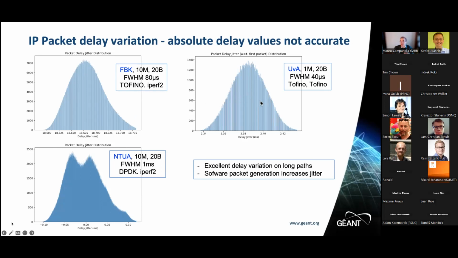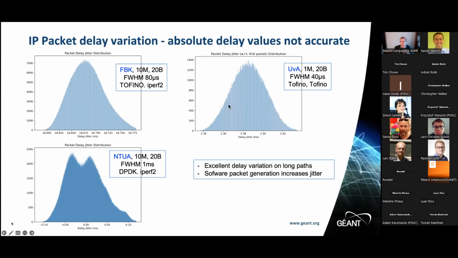We did the same for UVA at 1 meg, because it was simpler at 1 meg: 40 microseconds. I will comment on the difference between the countries in due time in the presentation.